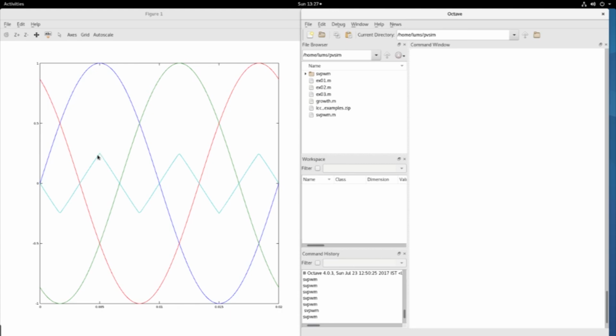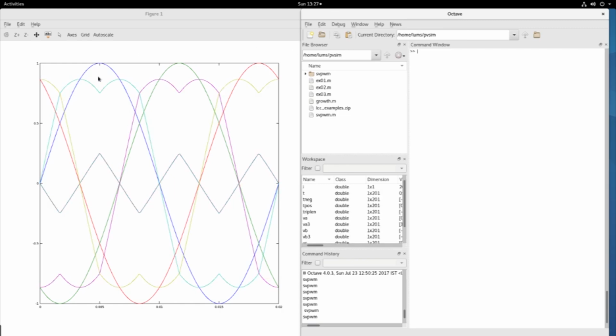So you can safely add the triplen harmonic. So to this fundamental I subtract this triplen. What happens? If I subtract, you see that from each of the original fundamental waveforms I subtract this triplen, and it becomes something like this.